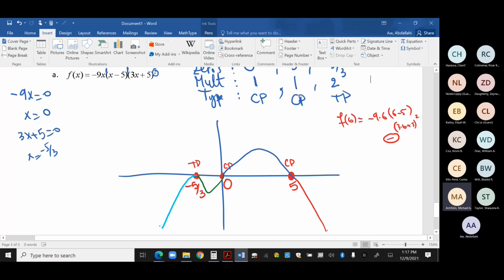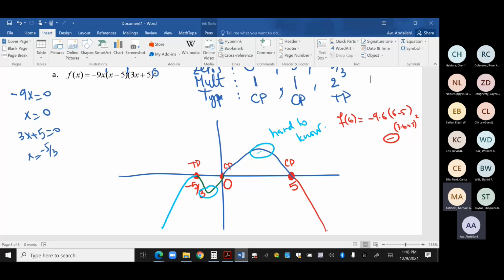And do this. Now, again, something very hard to know at the 163 level is the maximum and minimum. This is hard to know, right? You see, how far we go up or how far we go down is hard to know. That is why we don't focus on that. That is why you're going to keep your y-axis unitless, okay?